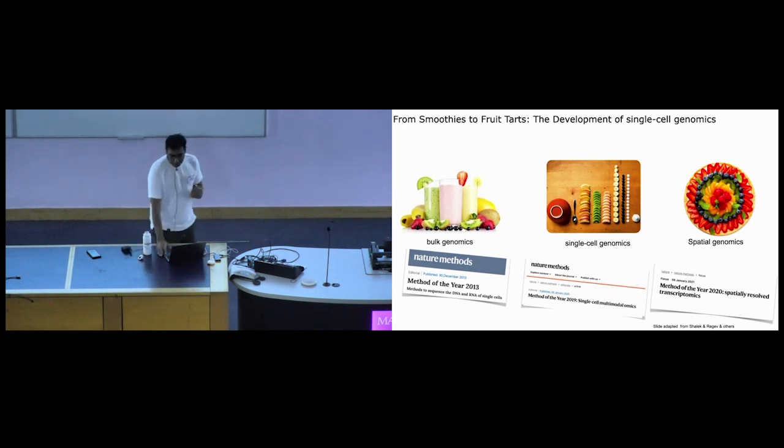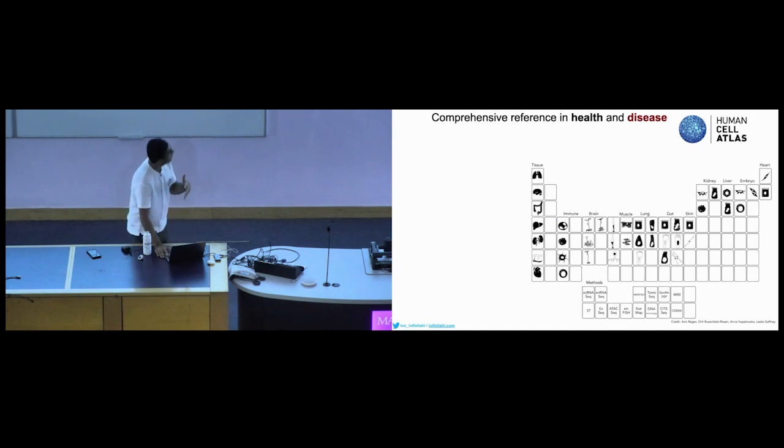And then another thing is, there is this consortium called the Human Cell Atlas. I'm just trying to lay out why and how single-cell biology can help to understand health and disease.